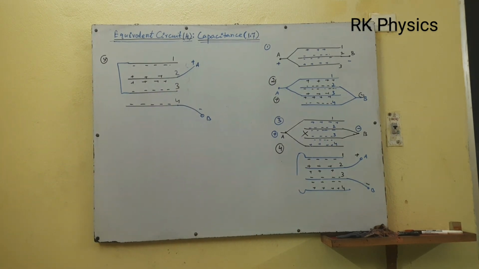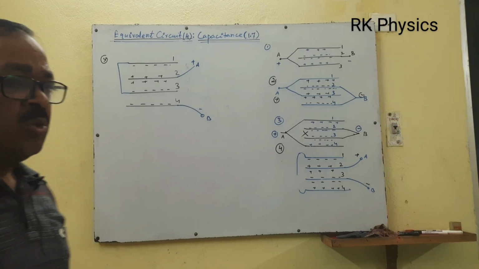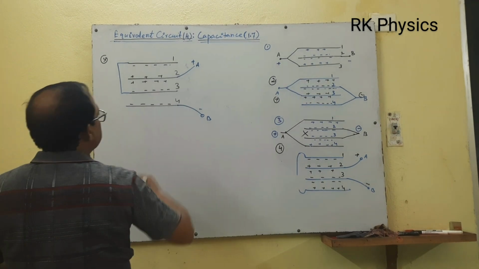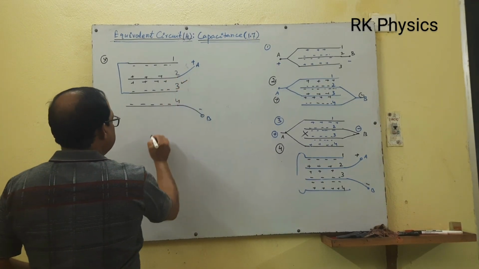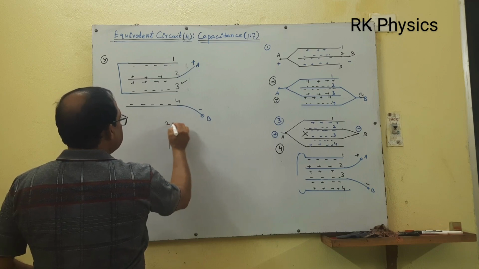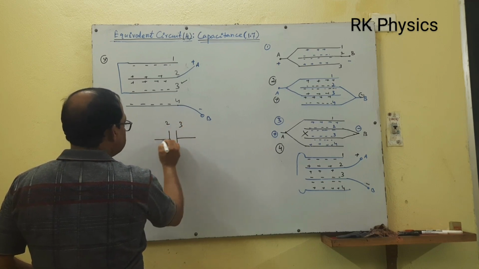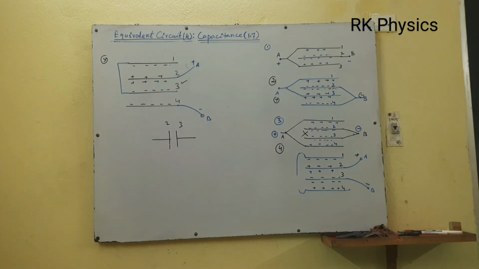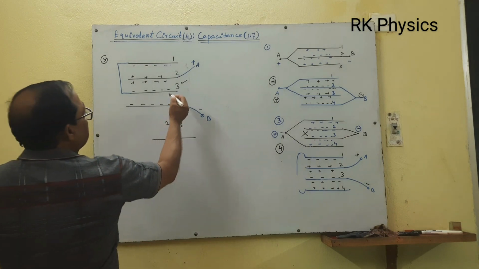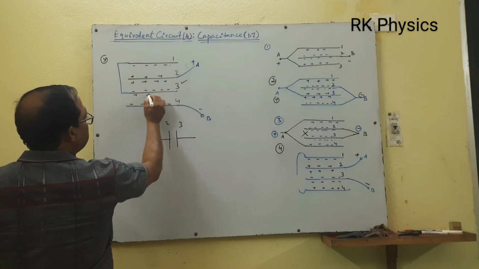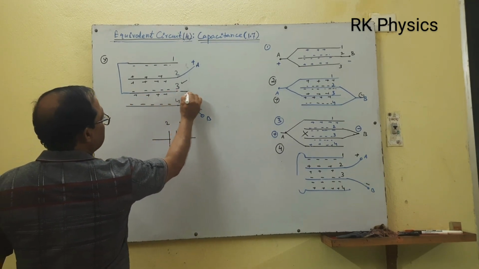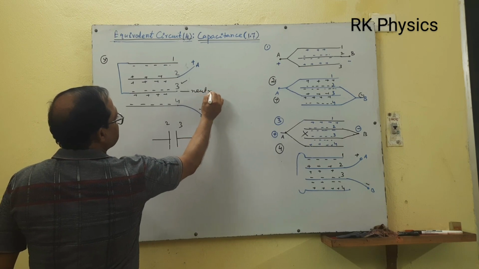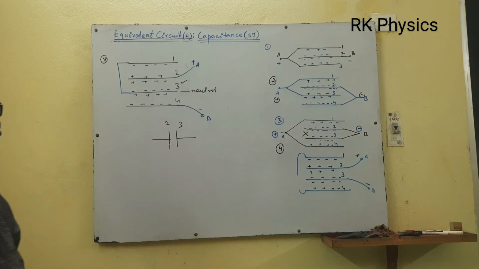Okay. So now in between 2 and 3, first you take this one. In between 2 and 3 there exists a capacitor. Okay. So this side minus means this side plus, this is neutral, this is neutral. Okay, no charge.